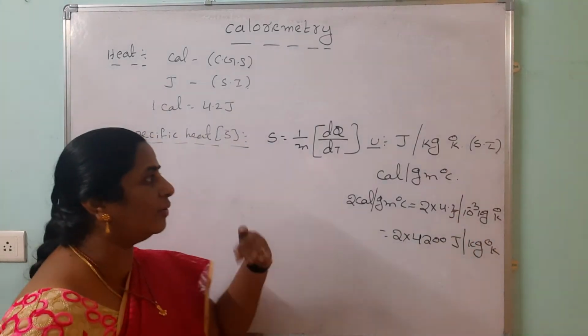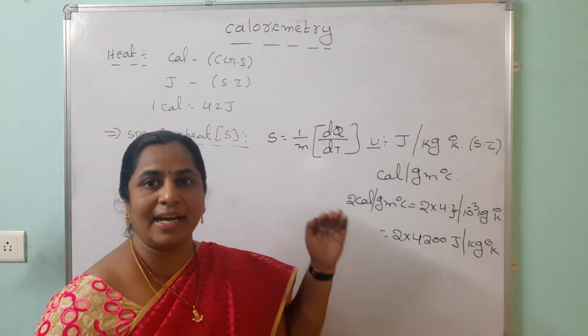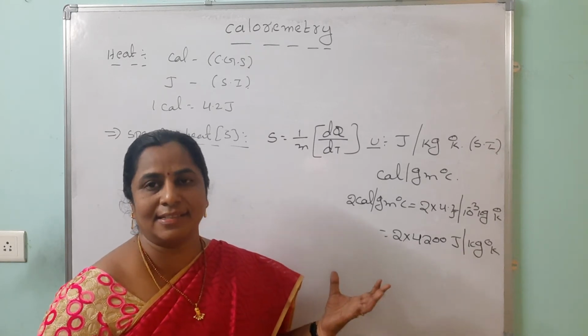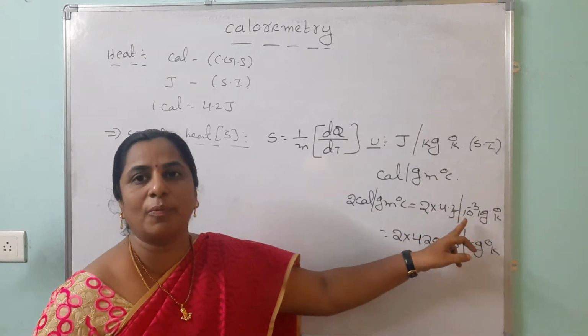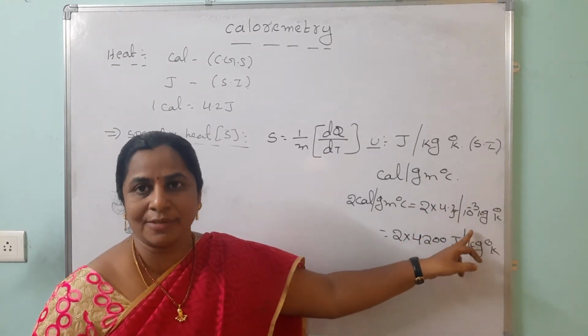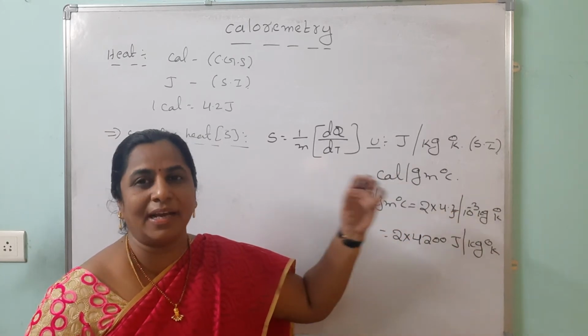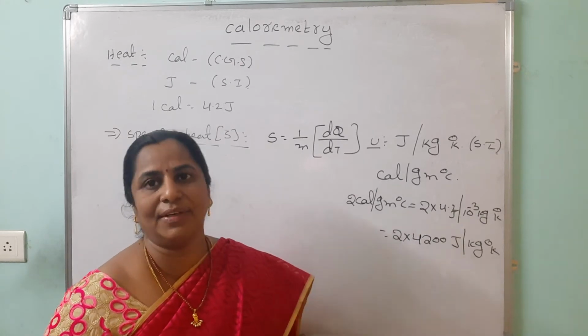So whenever you want to convert specific heat from one unit to another, for example from CGS into MKS or SI system, what do we do? Instead of calorie, we write 4.2 joules. Instead of grams, 10 to the power of minus 3 kg. Then directly we can multiply with 4200, and easily we can convert.